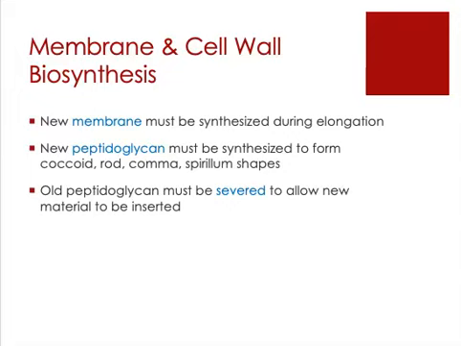If you recall, the individual phospholipids in the membrane are not bound to each other. The membrane is very fluid and loose. So new phospholipid molecules can simply be added to the existing membrane.